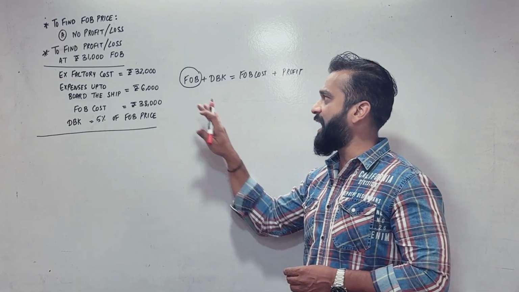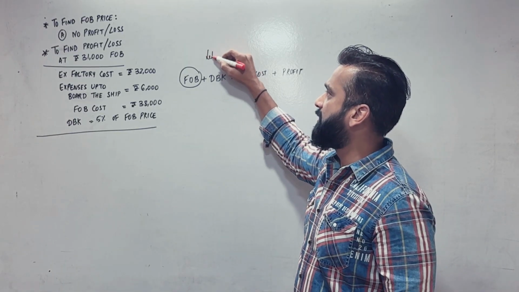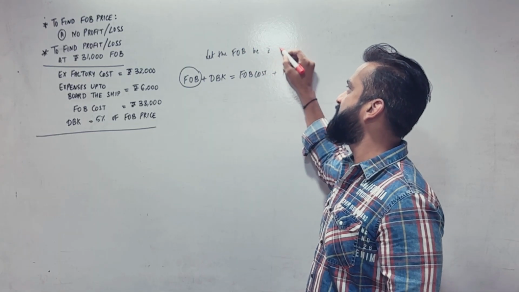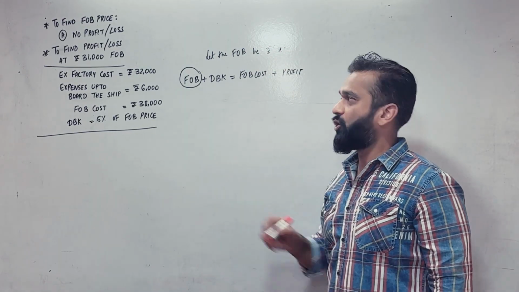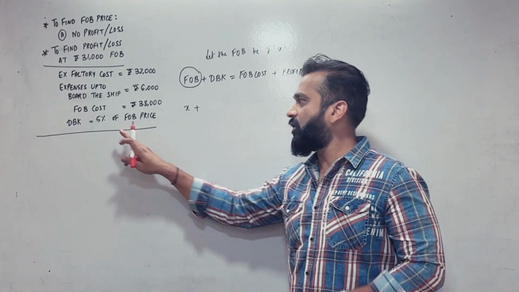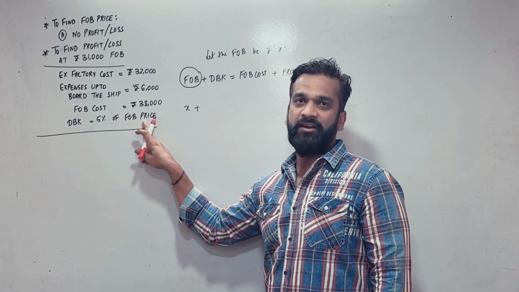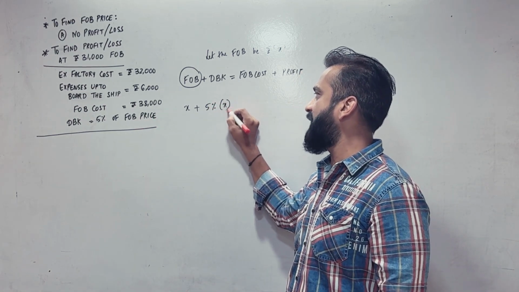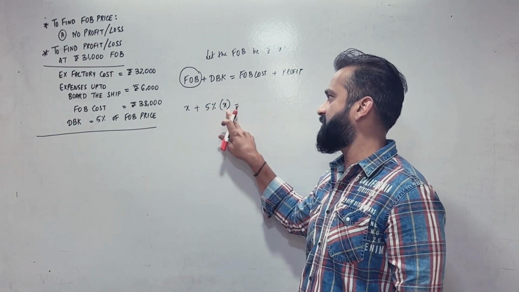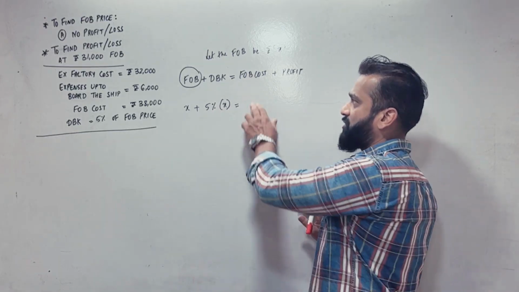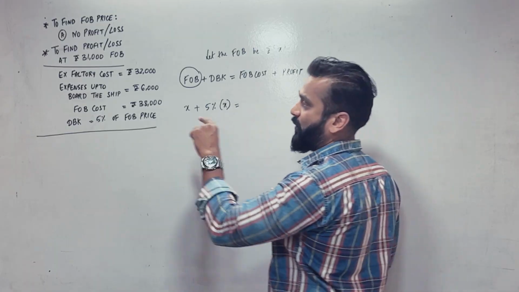That means I have to write let the FOB be rupees X. So FOB is X plus the duty drawback, which is given as 5% of FOB price. That means it is 5% of X, plus FOB cost. The cost of FOB will be given in the question.